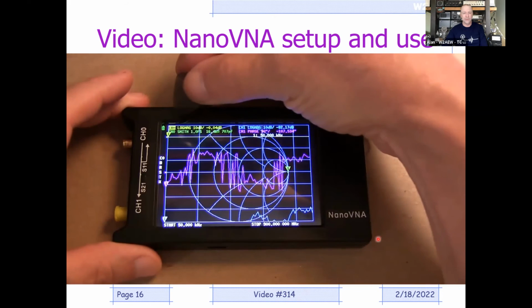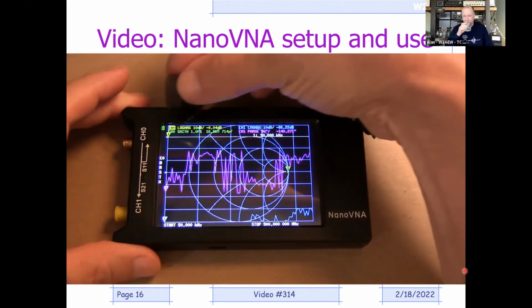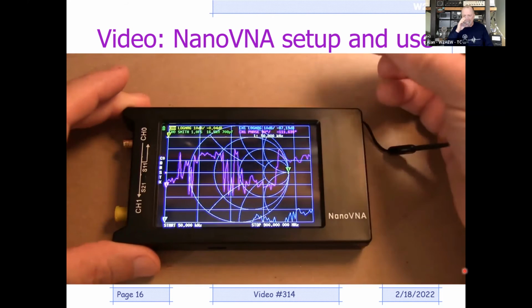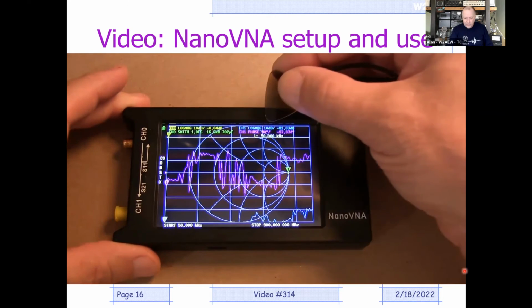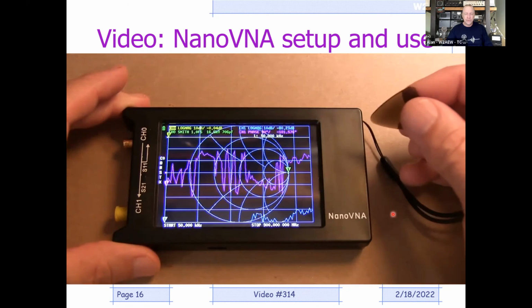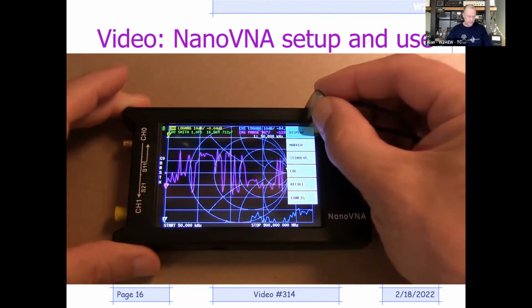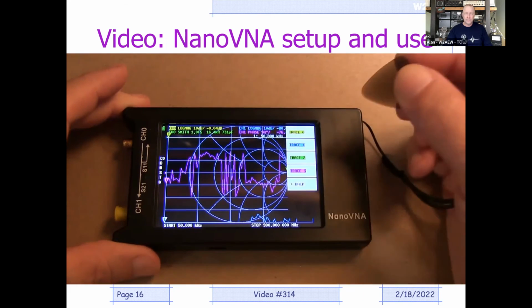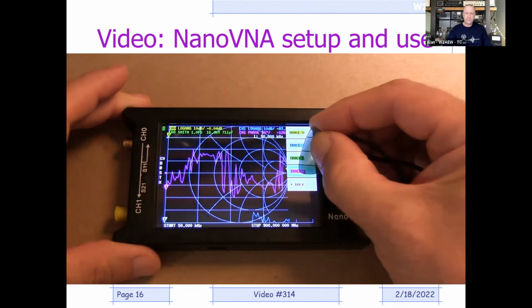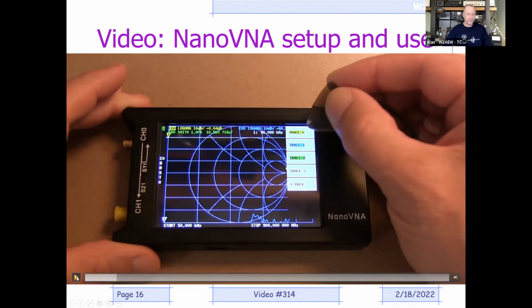We can see that the yellow trace is already set up to be the log mag of the reflection coefficient, so we'll leave that. The green trace is already a Smith chart, so we'll leave that one alone. So we'll reconfigure the blue trace to be SWR, and then get rid of the purple trace. So we bring up the menu, go to display, go to trace, and let's first just get rid of purple trace by touching on it again to get rid of it.